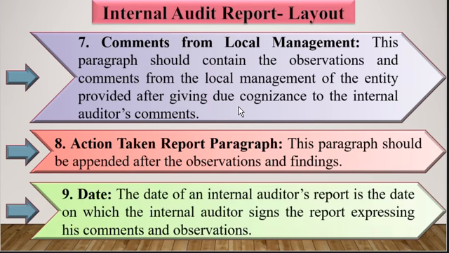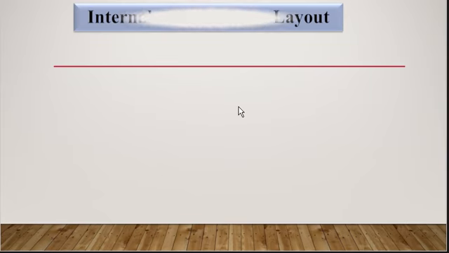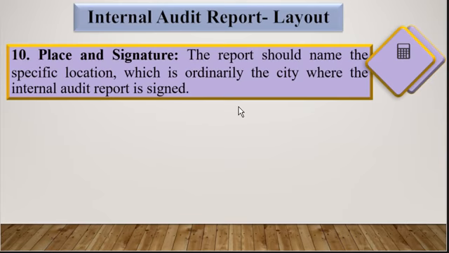Next is date. The date of an internal audit report is the date on which the internal auditor signs the report expressing his comments and observations. Next point is place of signature. The audit report should name the specific location, which is ordinarily the city where the internal audit report is signed.